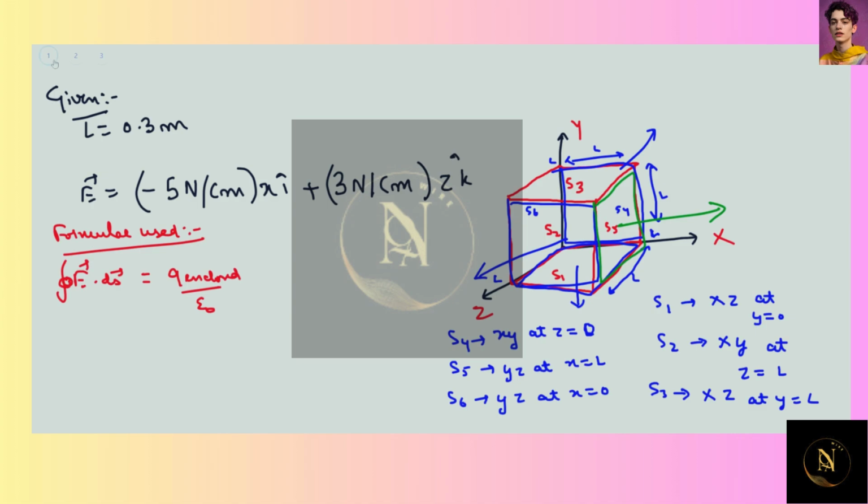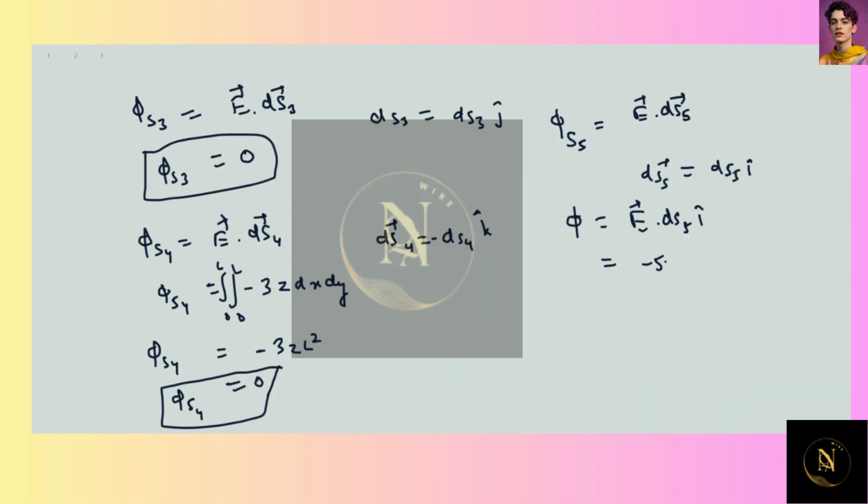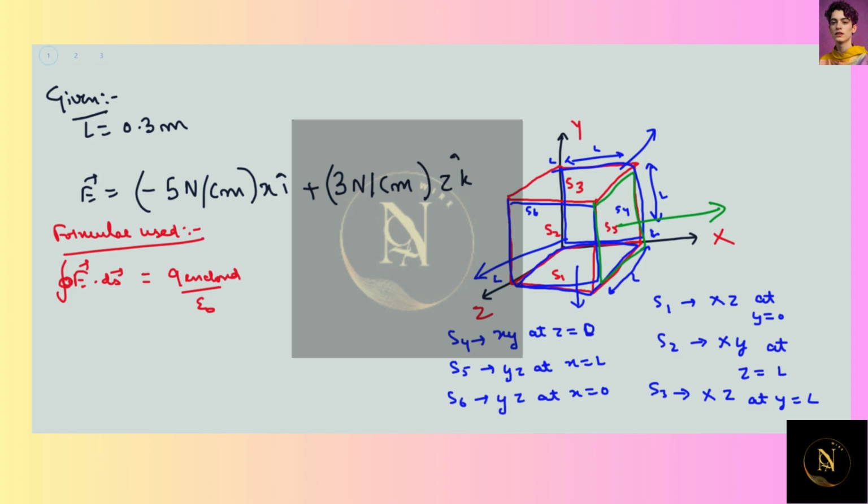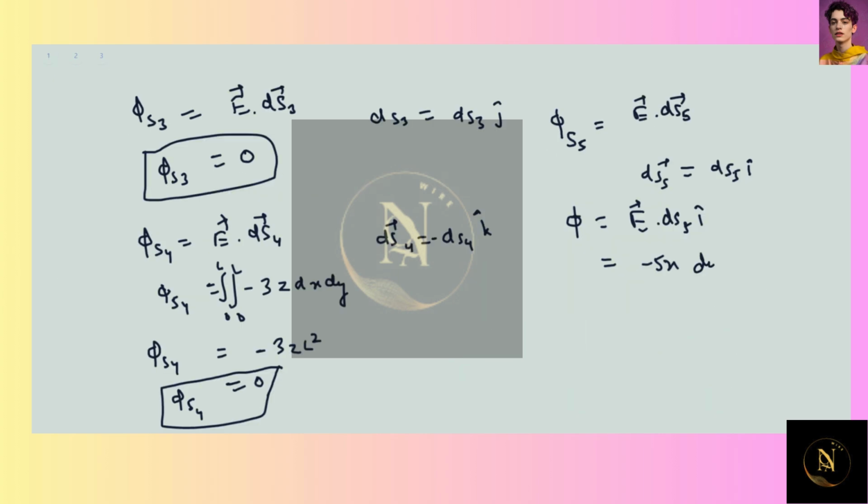If you take the dot product of this one, this gives us minus 5x. So dS5 is our yz plane, so we have dy dz from 0 to L, from 0 to L. This gives us minus 5x L squared. Now what is the value of x here?